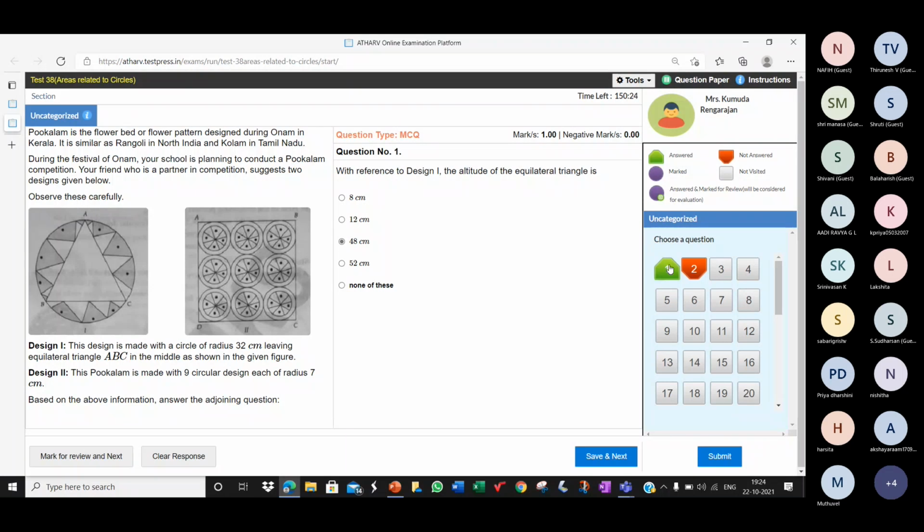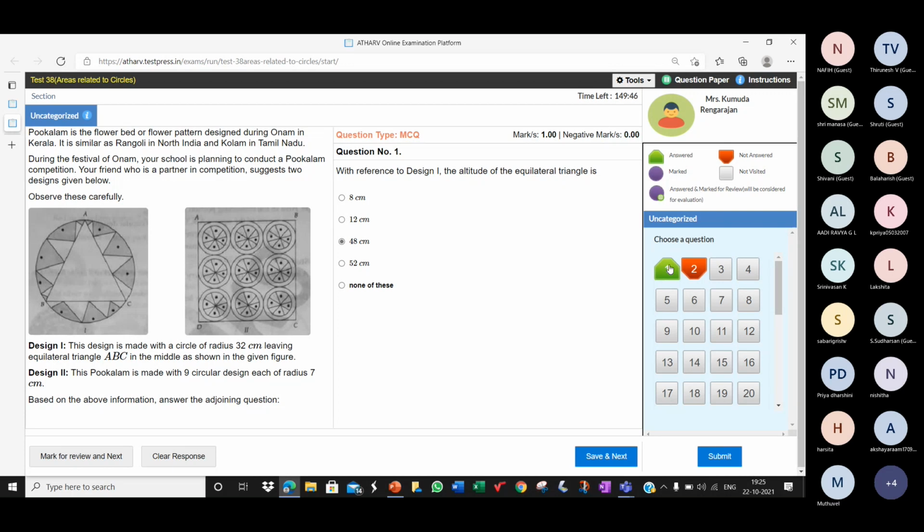What is the altitude? √3/2 into side, right? So you can say √3/2 into side is equal to 48, because you found the altitude is 48.